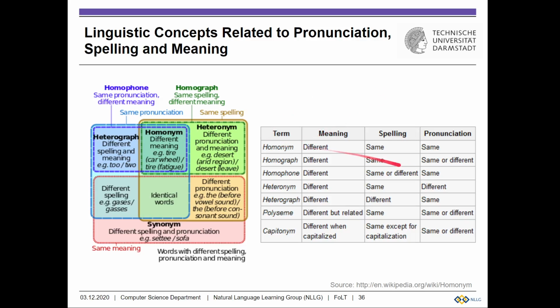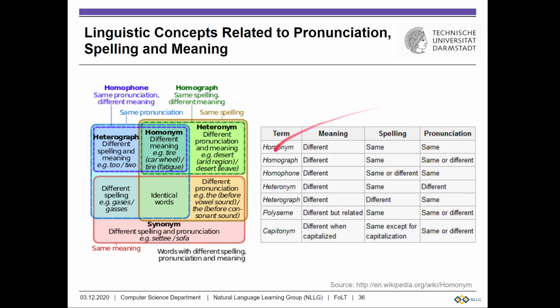And linguists have also come up with different terms for those cases. For example, if we have two words that have a different meaning and have the same spelling and the same pronunciation, then this would be homonyms, and we have seen such a case already.